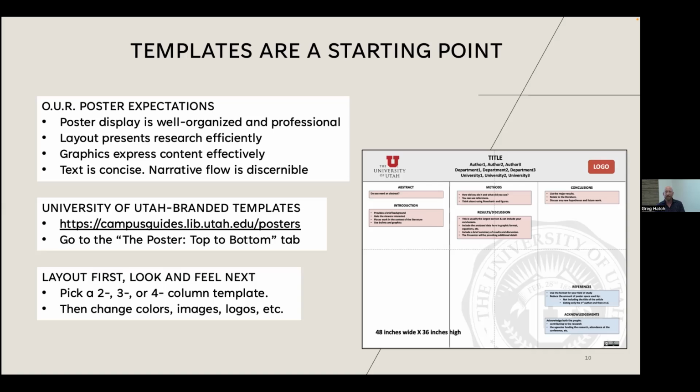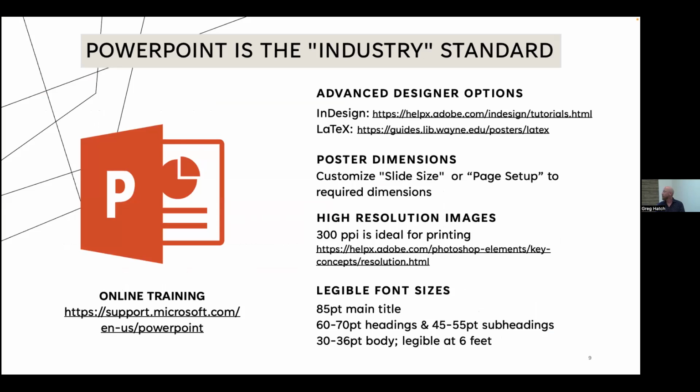I want to make a point now about text and thinking about what we talked about just a moment ago with regard to font size. I want you to choose the size of your font right away.